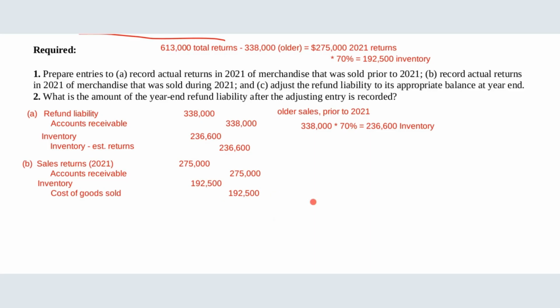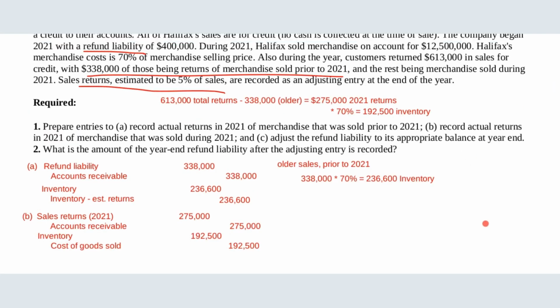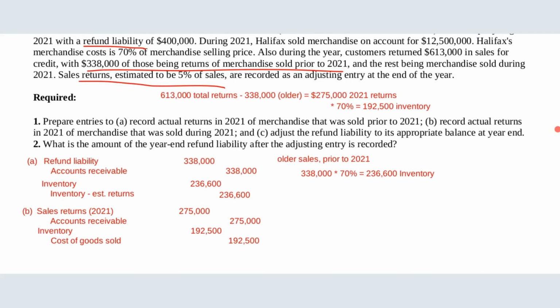So that's that. And then for C, they want us to adjust the refund liability to its appropriate balance. So basically, based on our estimate, we have sales of 12,500,000 multiplied by 5%.